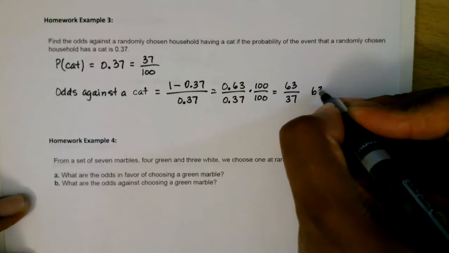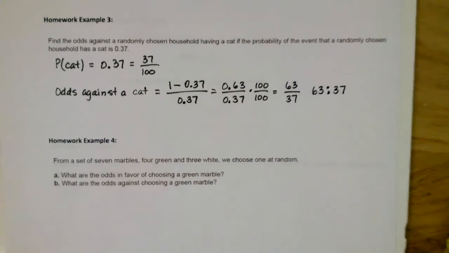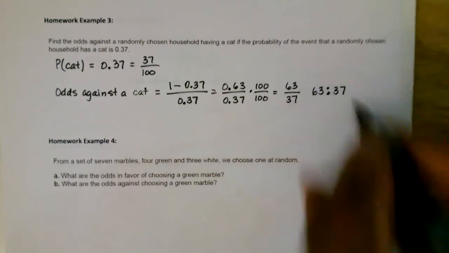So the odds against having a cat for a randomly chosen household would be 63 to 37. Okay, so that's how we do odds here.